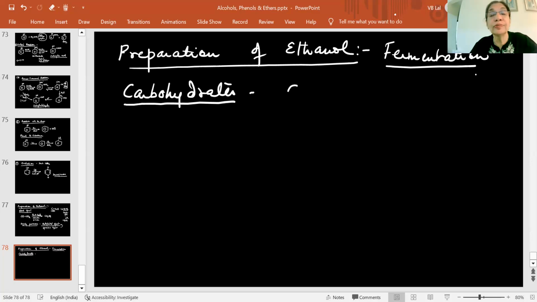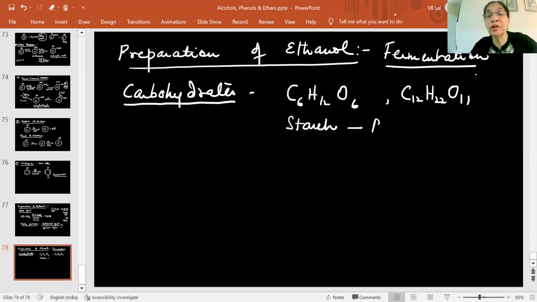Like glucose, C6H12O6, it's a carbohydrate. Sucrose, C12H22O11, that's also a carbohydrate. Starch is a carbohydrate. Where do you find starch? In rice. So anything which contains a carbohydrate can be converted into liquor or ethyl alcohol by fermentation.